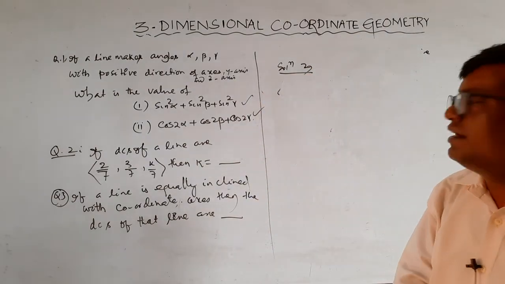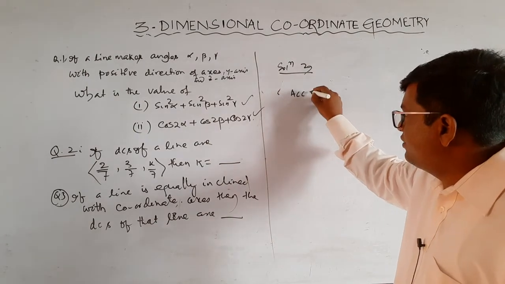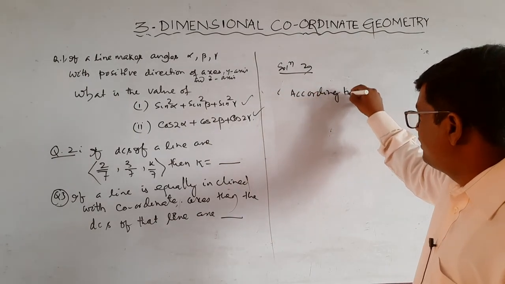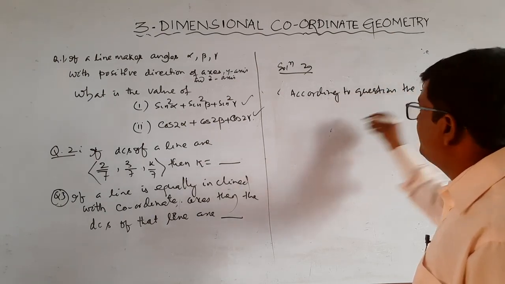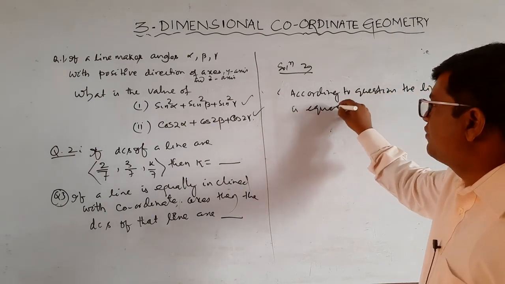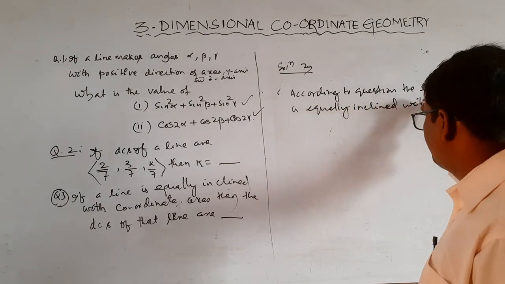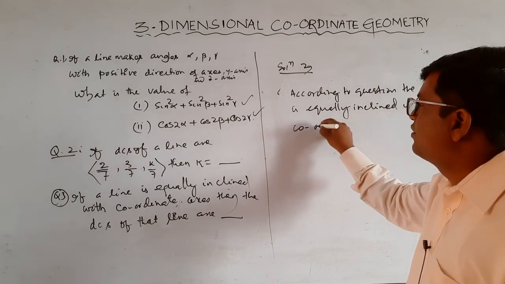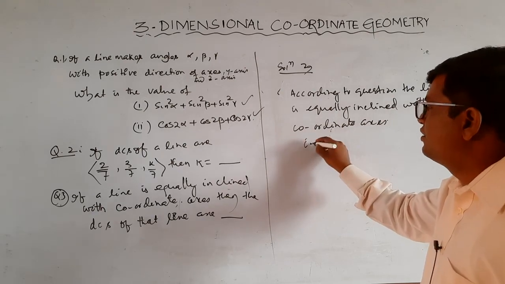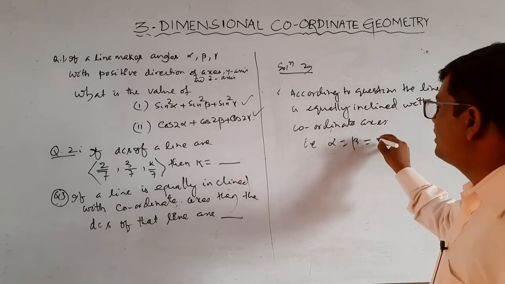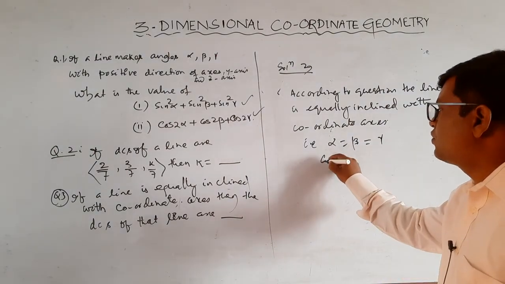The line is equally inclined with coordinate axis, means according to the question, alpha is equal to beta is equal to gamma. So cos alpha is equal to cos beta is equal to cos gamma.